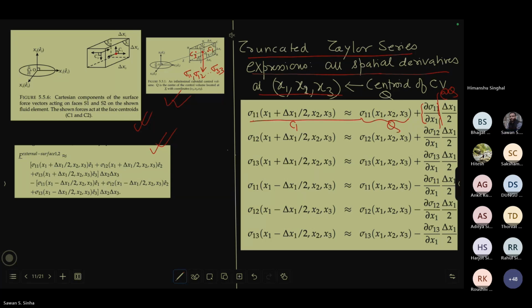First order approximation using truncated Taylor series. Similarly, sigma 1,2, I want where? I want at C1. That is sigma 1,2 at Q and then this derivative of sigma 1,2 with respect to x1 multiplied by delta x1 by 2. Similarly, sigma 1,3. These three are for the S1 surface.